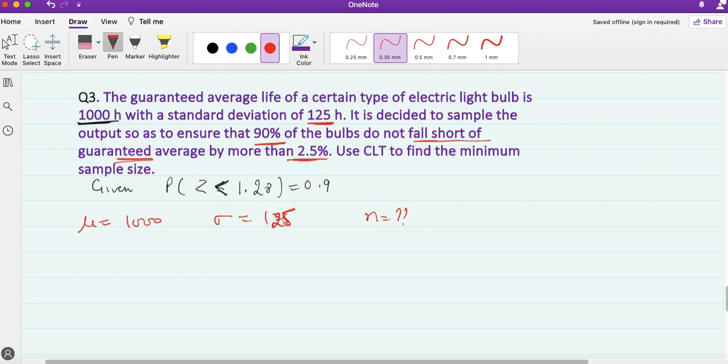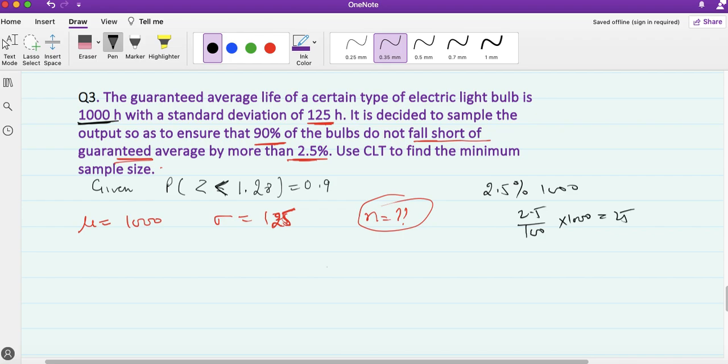So use the central limit theorem to find the minimum sample size. So we are looking for n here. So first of all, what do we mean by 2.5% of the 1000? 2.5% of 1000 is equal to 2.5 by 100 into 1000. That is equal to 25.